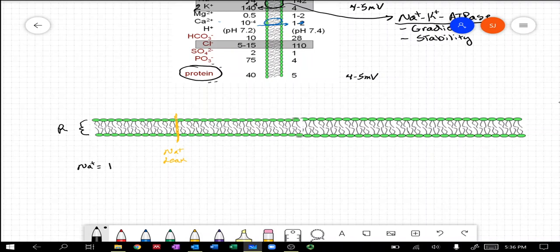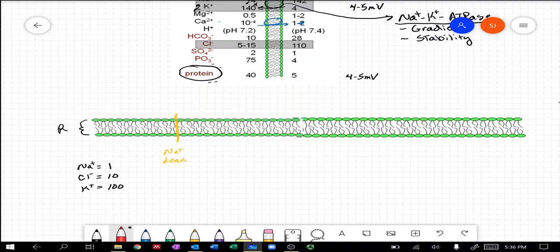Well, let's consider chloride. Its permeability would be about 10. Potassium is about 100. So this membrane is about 100 times more permeable to potassium than it is to sodium. That's why we're seeing our resting membrane potential so much closer to the equilibrium potential for potassium, right? It's not very leaky to sodium at all.